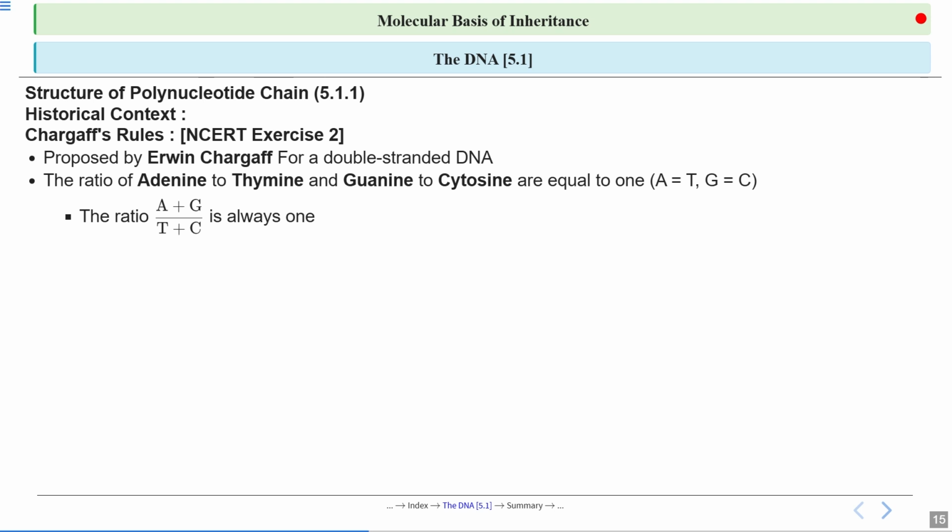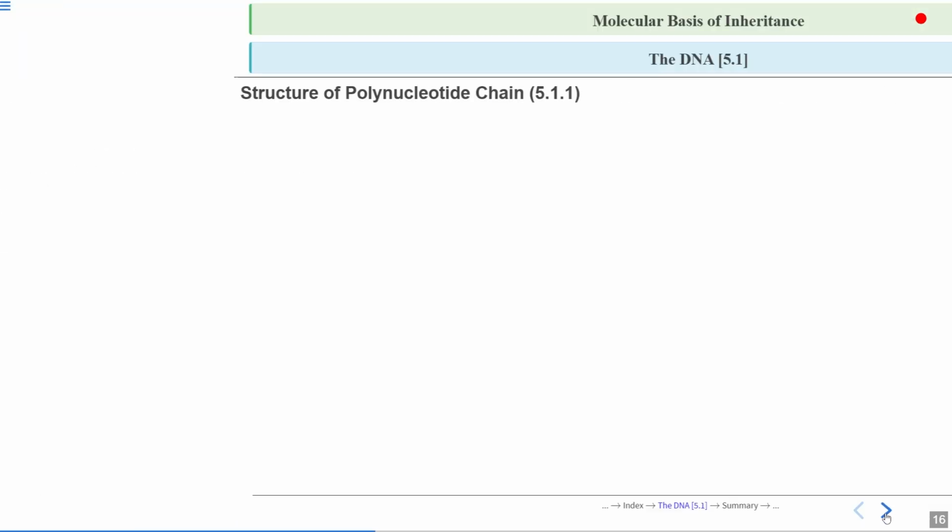So they are equal, and if we calculate the whole purine concentration divided by pyrimidine, it will also always be 1. We will see this in a numerical example in the NCERT based question.